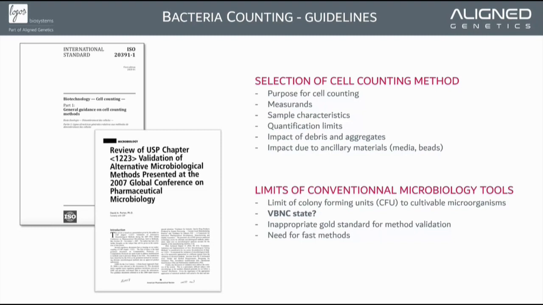When you investigate existing guidelines, you notice that despite recommendations to validate cell counting methods for bacteria, you sometimes end up with more questions than answers. But recently, the ISO international standard was released in 2018.